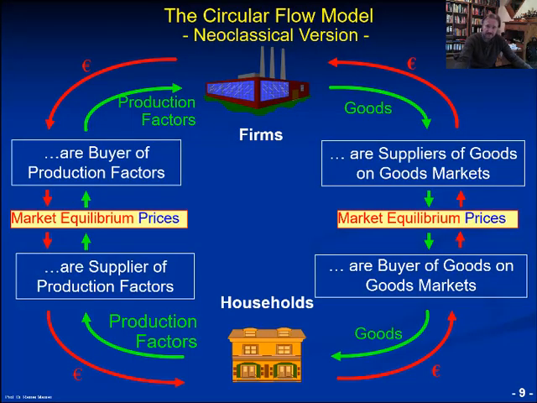So prices take care that markets are always balanced. This is a very nice idea. It's also the same assumption that is typically used in macroeconomics.